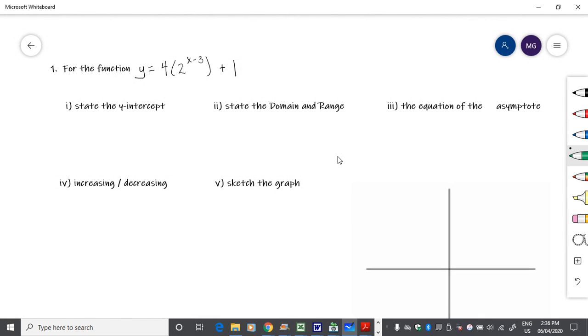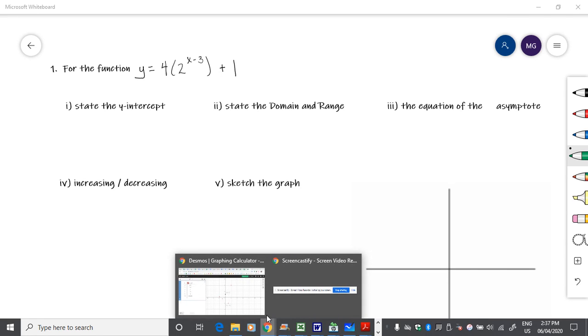When you look at that equation, you have a bunch of things in it. We can recognize that it's an exponential equation because you have your variable and your exponent. But now we're multiplying that function by 4. Up in the exponent, we're subtracting 3. And then we're adding 1 to whatever that value is.